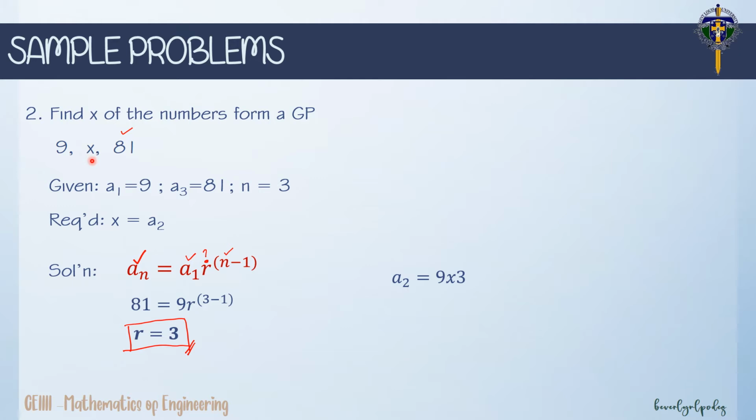That is simply 9 times the ratio, which is 3. So 9 times 3. The second term, which is the value of x, is equal to 27, and this is now our answer.